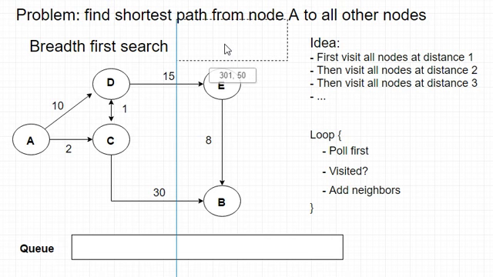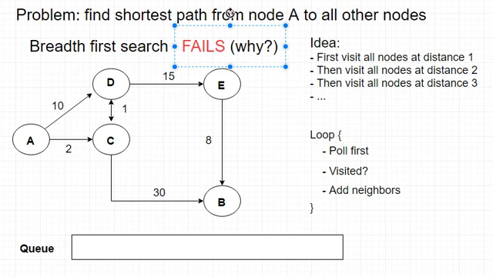And it's not gonna work, but we're gonna try anyways. So we're gonna try to solve this using breadth first search, and we're gonna try to figure out what goes wrong and how can we fix it.